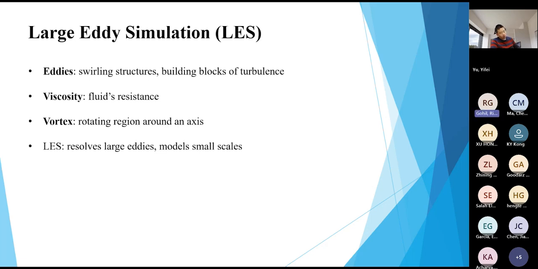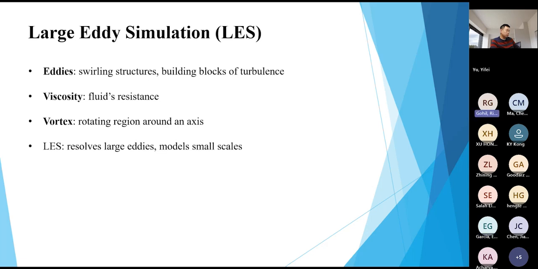Now that we have seen DNS, let's talk about turbulence in the context of LES. Turbulence is made up of swirling structures called eddies. These eddies are the building blocks of turbulence, and they come in a wide range of sizes. The larger eddies contain most of the energy, while the smaller ones are dissipated by viscosity.